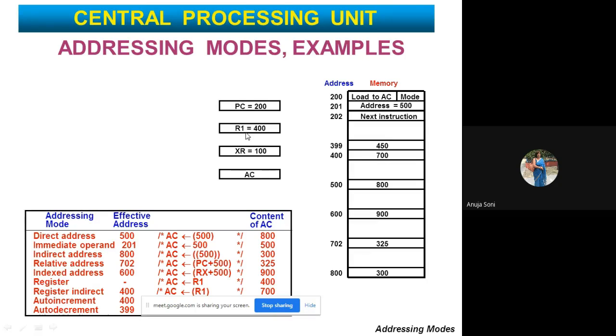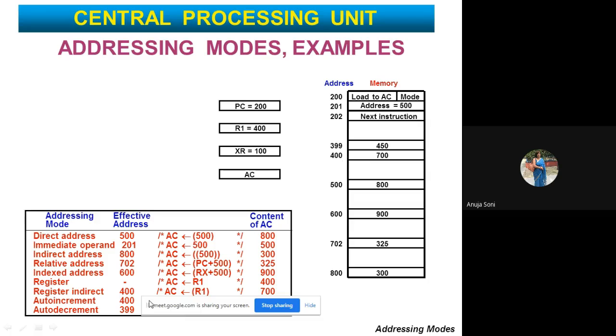It will work in a similar manner as the register indirect mode. So as per the indirect mode, how will it work? It says go to 400 and find the value of the operand. That operand ultimately will be loaded to the accumulator register. So this 700 will become the value of AC only, and आपका क्या effective address? This is your effective address.